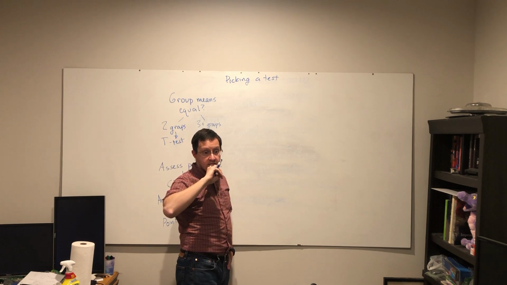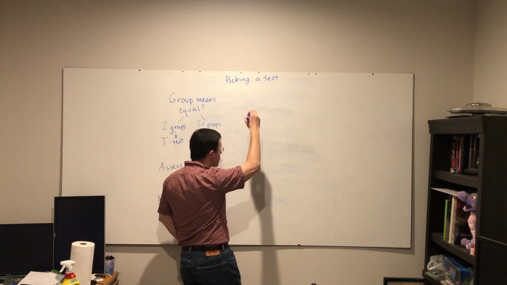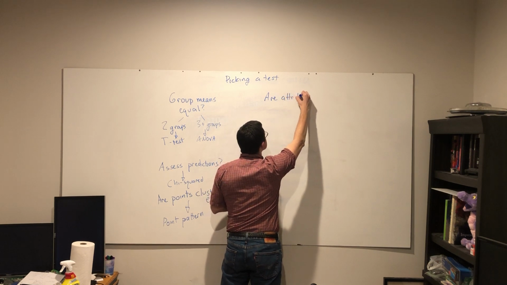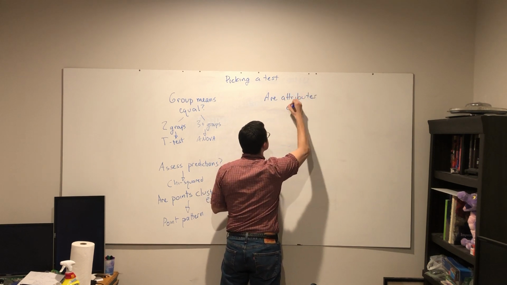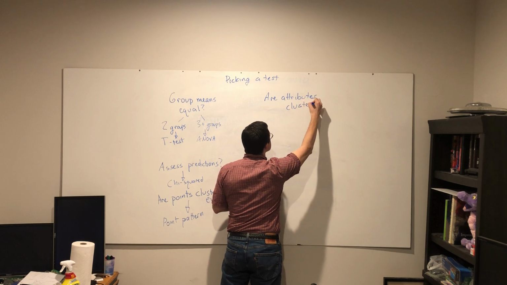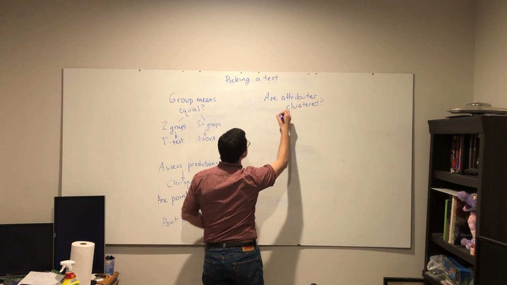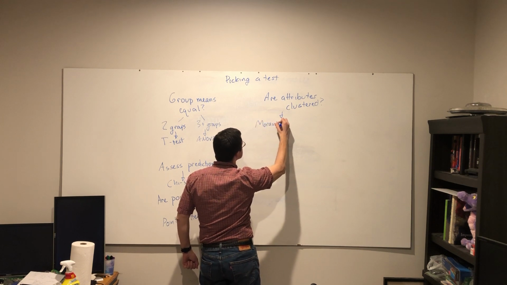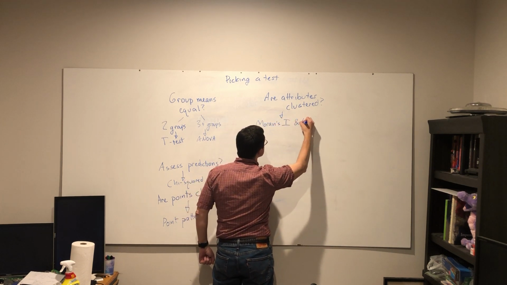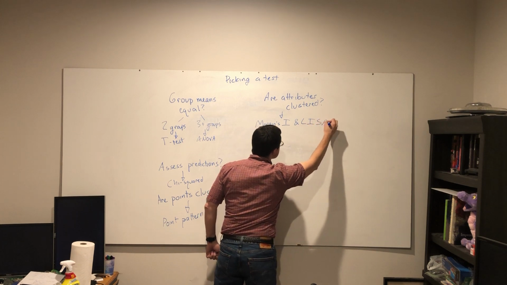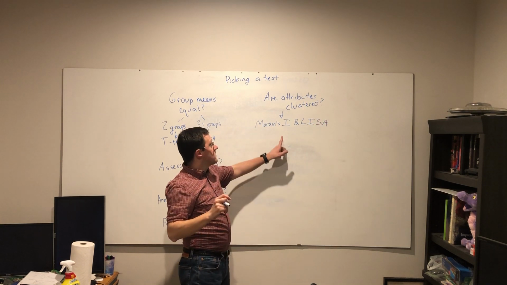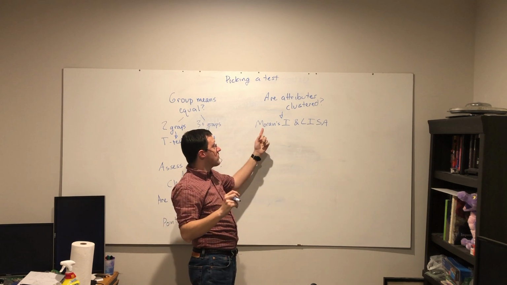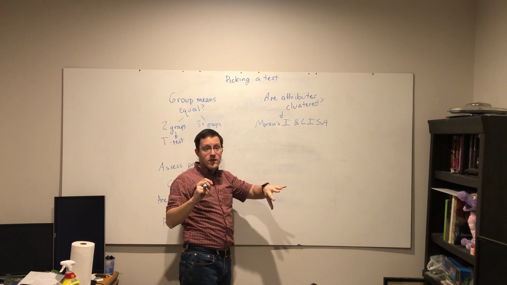We can say our values. If the attributes are clustered, we can say, okay, I want to look at Moran's I and or LISA.